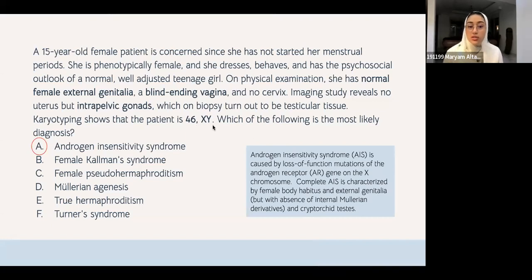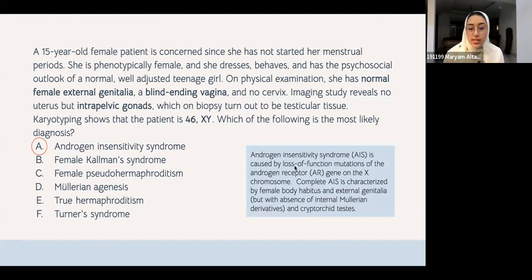So if I have a patient who looks completely female but is male, then I could have a couple of problems. One of the main ones is we said testosterone and dihydrotestosterone are very important for the production of our male reproductive organs, both internal and external, right? So if this patient looks like a female but is a male, then maybe I have no problem producing testosterone, but my body is not responding to it.